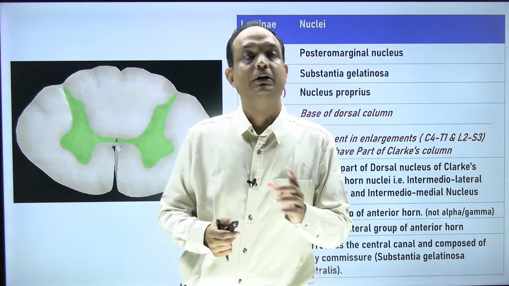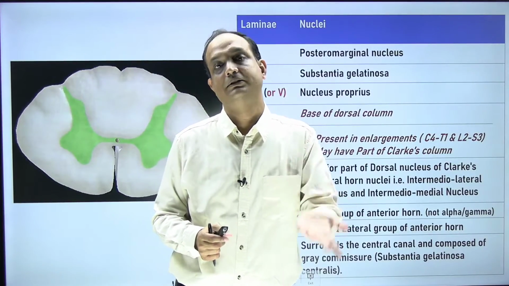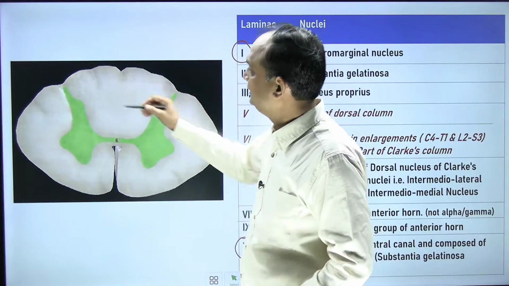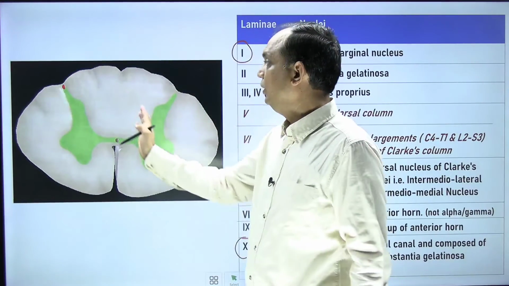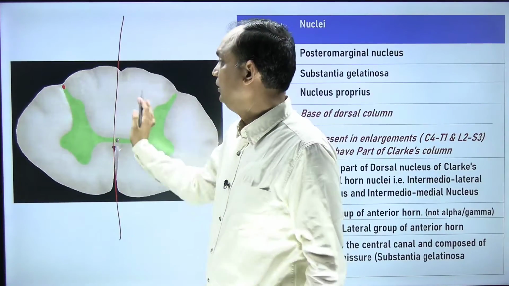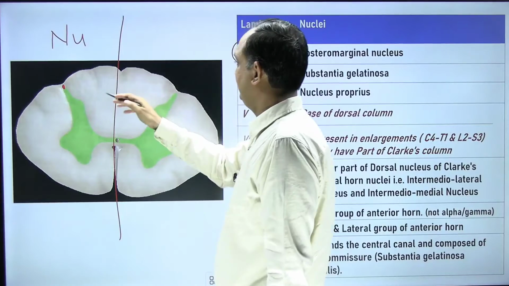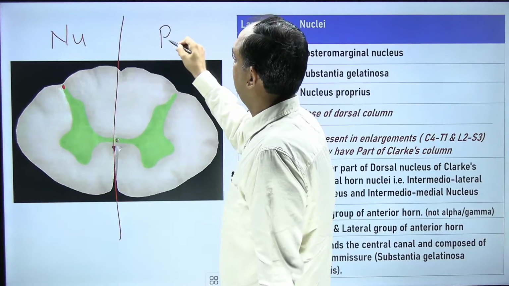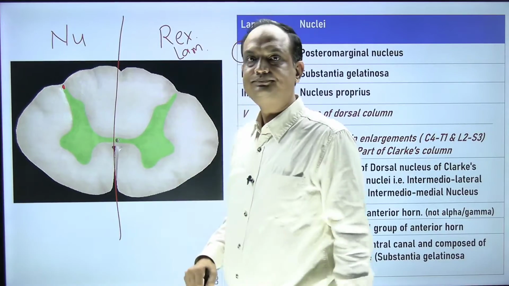Rexed lamina 1 denotes the posteromarginal or dorsomarginal or marginal nucleus. You know that this is the site of the marginal nucleus. On this side, we are dividing the spinal cord into two equal halves. On this side I am drawing the area of nuclei, and on this side I am drawing the Rexed laminae corresponding to the nuclei. Clear?